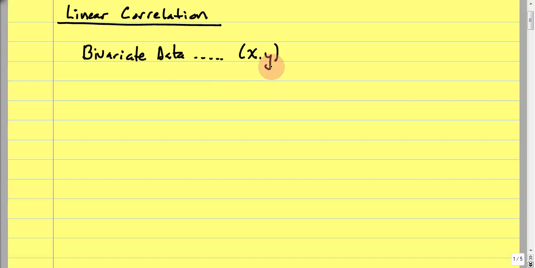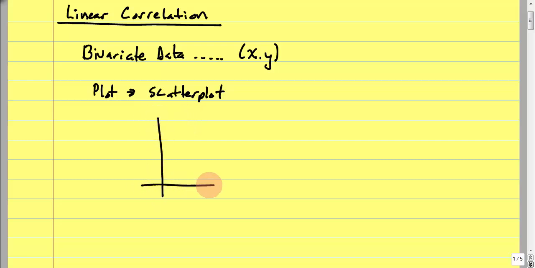Now with bivariate data, what I want to do is plot the data, and the plot that we're plotting is called a scatter plot. On the scatter plot, I plot each of these ordered pairs on the x-axis and y-axis. As I plot these points, I'm looking to see if there's a linear correlation.